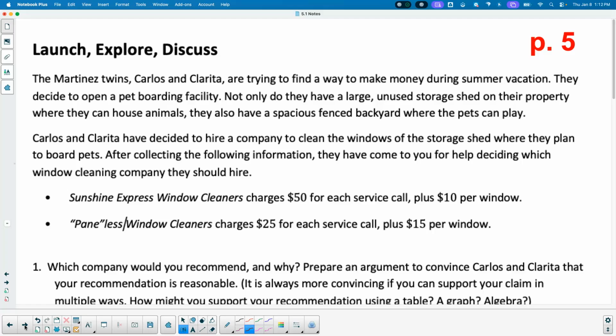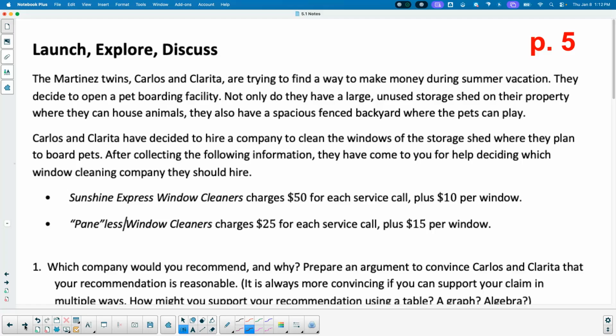Not only do they have a large unused storage shed on their property where they can house the animals, but they also have a spacious fenced backyard where the pets can play. Carlos and Clarita have decided to hire a company to clean the windows of the storage shed where they plan to board the pets. After collecting the following information, they have come to you to help decide which window cleaning company they should hire. Okay?